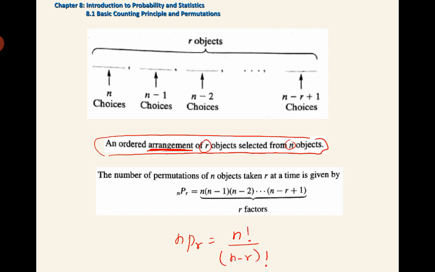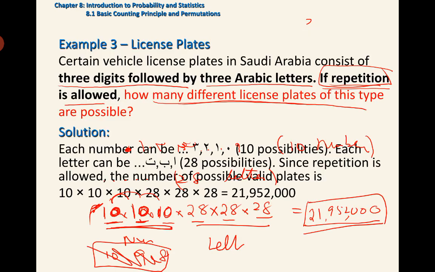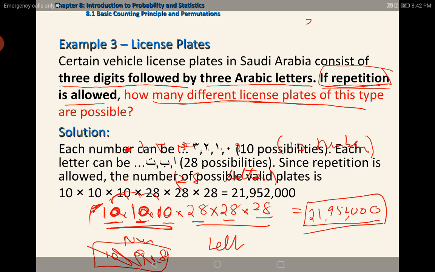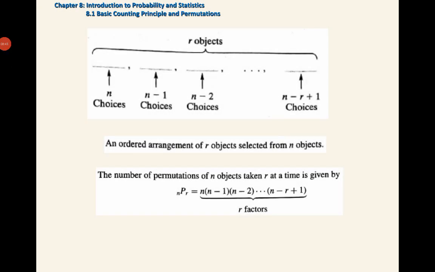You should know what is factorial. What is 3 factorial? So this will be here nPr, permutation of r objects out of n objects.